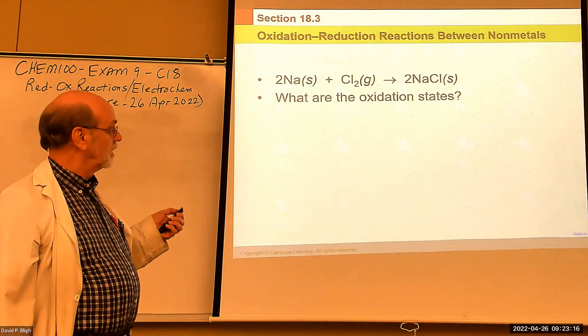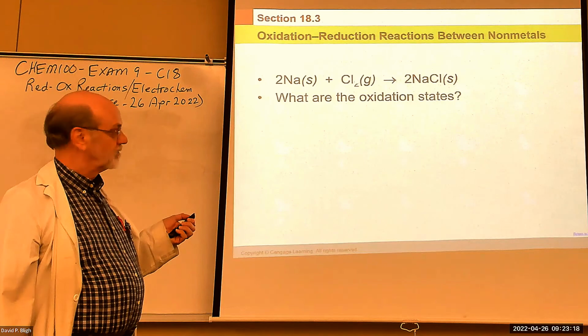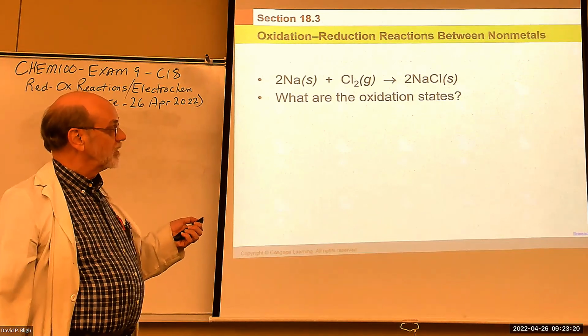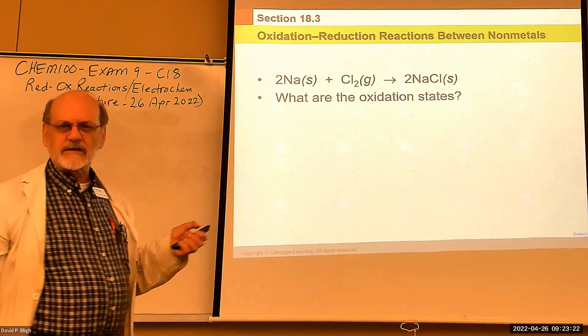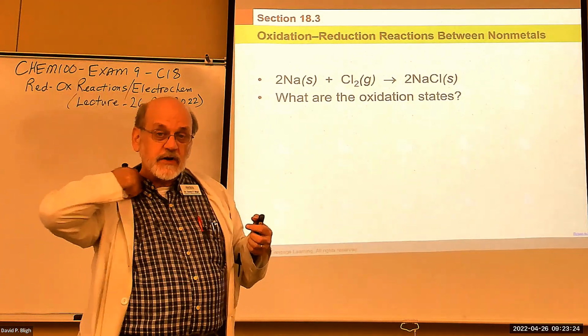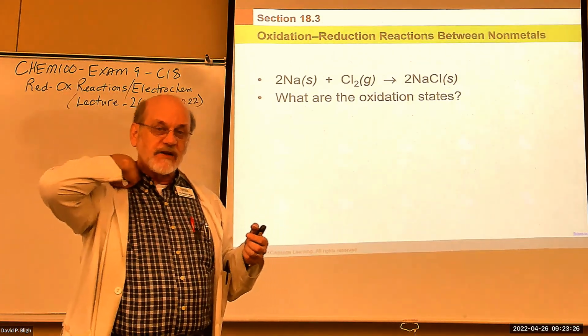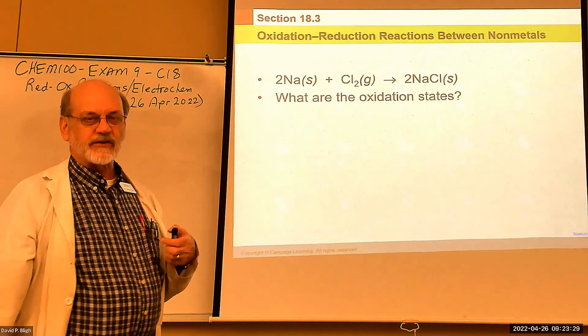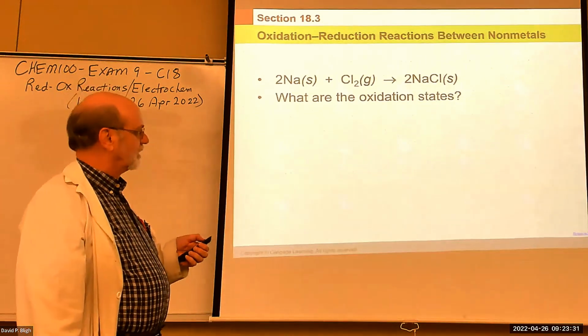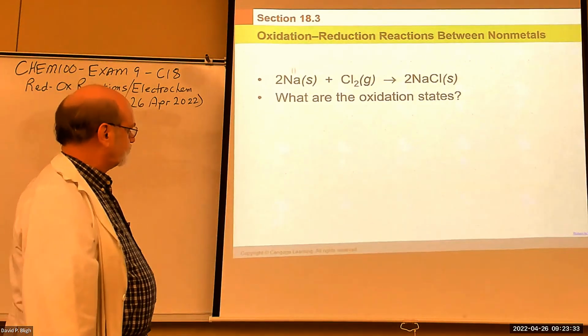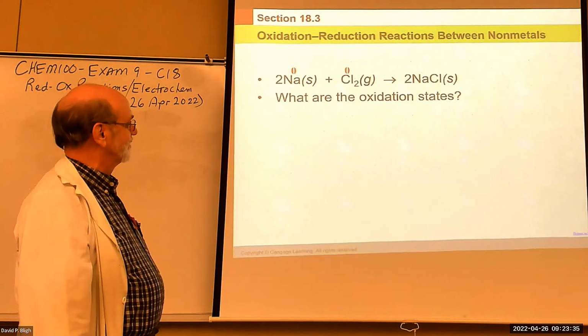It's 0. Over here, you have a chlorine. Actually, it'd be safer to start with sodium because sodium has a rule. Sodium is +1 always. So that makes chlorine -1.